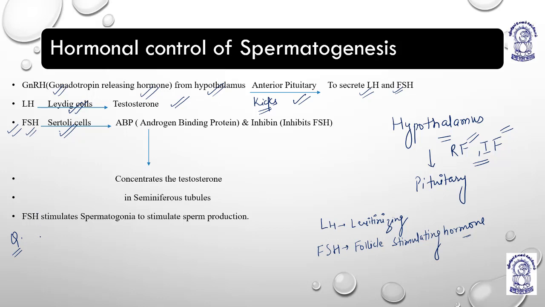Okay, so a question, let's see who will answer it. Substrate of FSH. Substrate means that on which some work is done. So FSH is going to perform work on Sertoli cells.